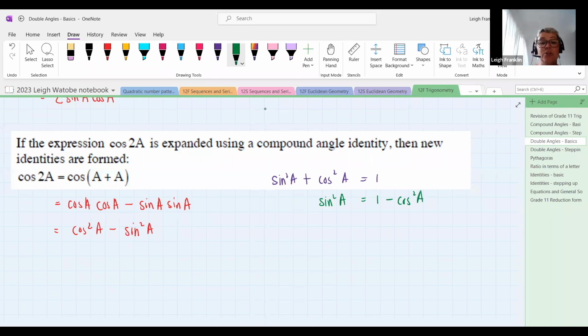So I'm going to replace this sine squared A with what it is equal to over here.